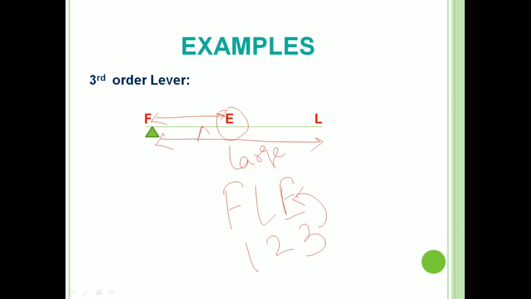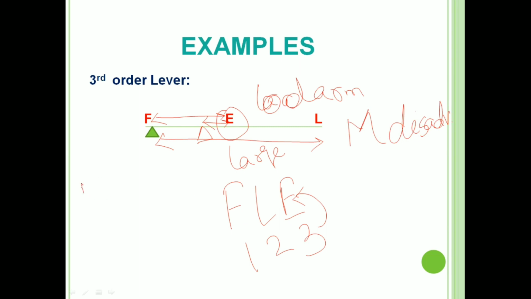If I move the fulcrum here also, still the distance from the load to the fulcrum is larger than the distance from fulcrum to effort. So whenever the load arm is larger than the effort arm, it will be termed as mechanical disadvantage.